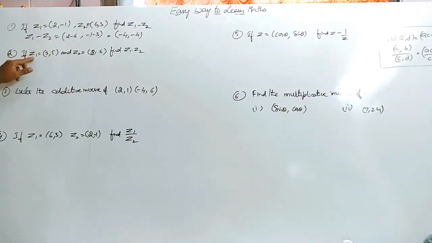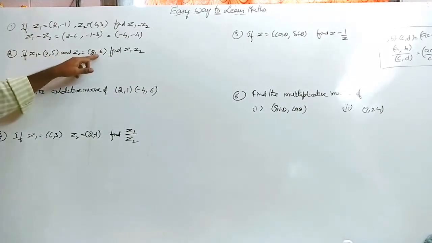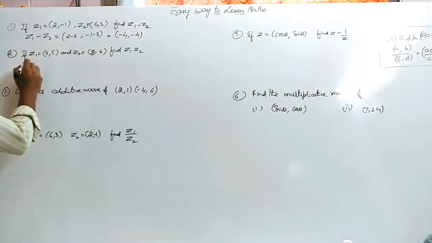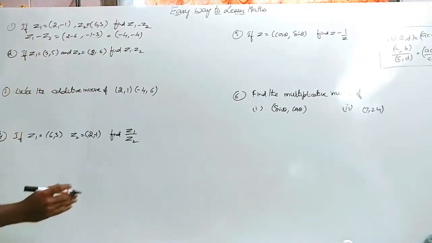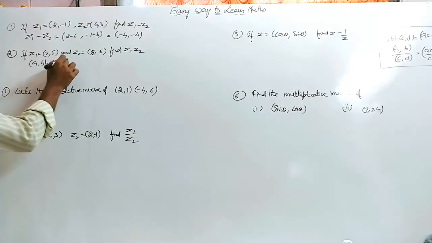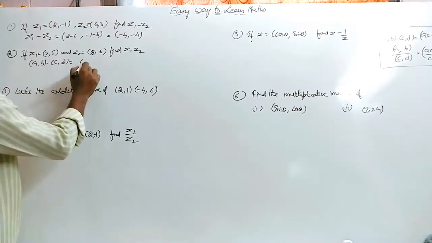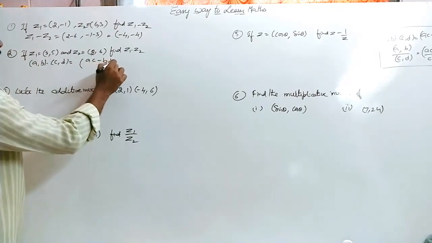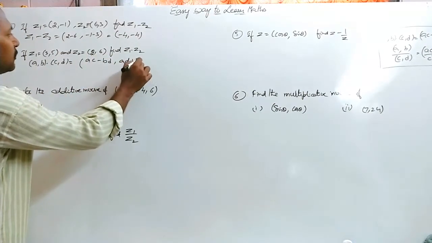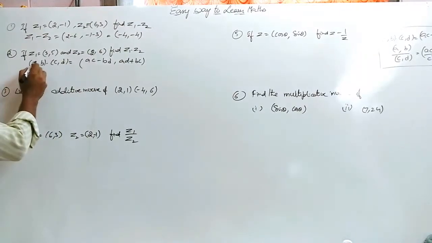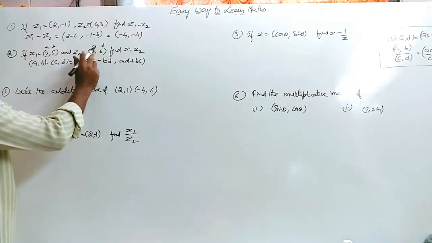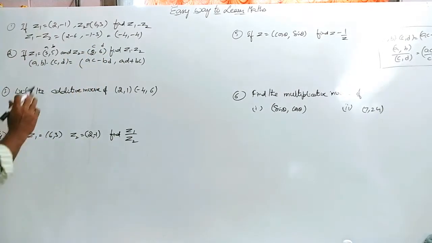Now if Z1 equal to (3, 5) and Z2 equal to (2, 6), find Z1 dot Z2. Let us make use of that formula. What is the formula? (a, b) dot (c, d) is equal to (ac minus bd, ad plus bc). Here (a, b) is (3, 5) and (c, d) is (2, 6). Let us substitute in this formula.